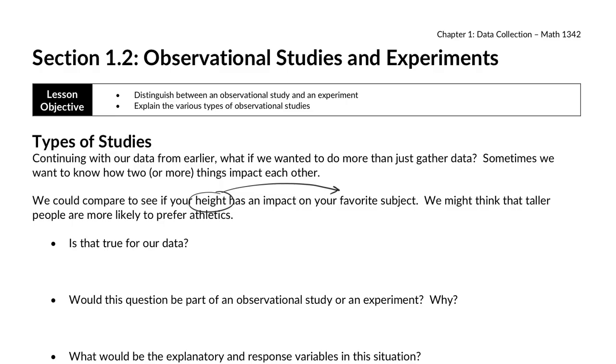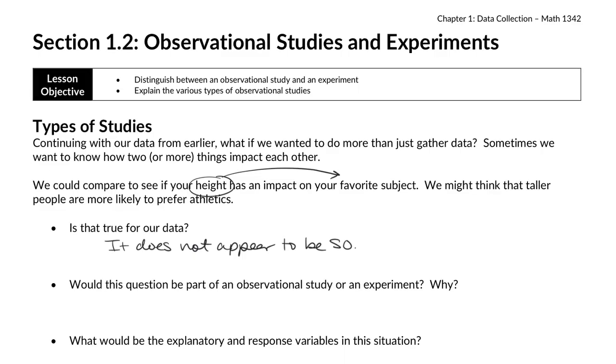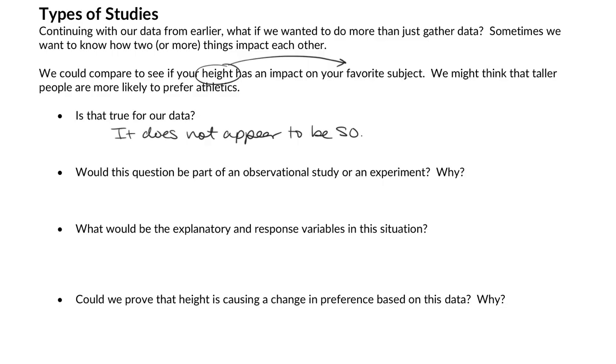In the example they had in the book, the tallest person did pick athletics, but then somebody who was 5'3" picked athletics. They probably play volleyball. So height doesn't necessarily have an impact on your favorite subject. It does not appear to be so, considering that the tallest person picked culinary and the next tallest person picked athletics, right? Would this question be a part of an observational study or an experiment?